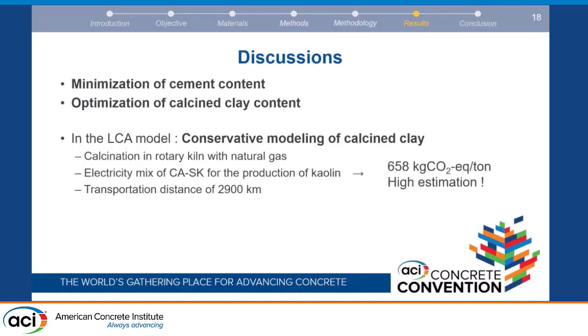And that makes a 658 kilogram of CO2 equivalent per ton estimation, which is pretty high compared to the literature that can go as low as 150, 200 kilogram of CO2 equivalent per ton. So that means our presented figures of a global warming potential could be even lower with other technologies of calcination or other electricity mixes.